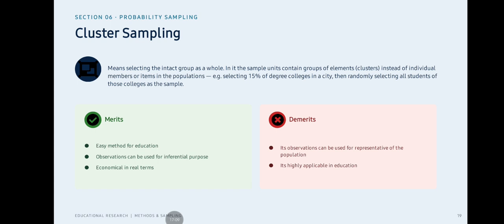Merits: easy method for education. Observations can be used for inferential purpose. Economical in real terms. Demerits: its observations cannot be used for representative population. It's highly applicable in education.